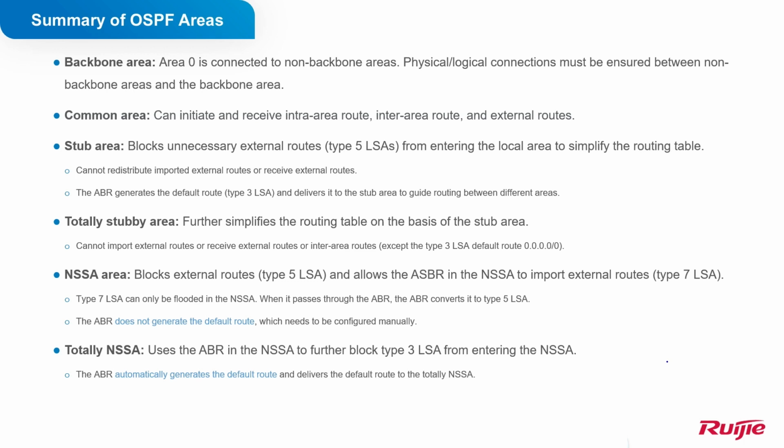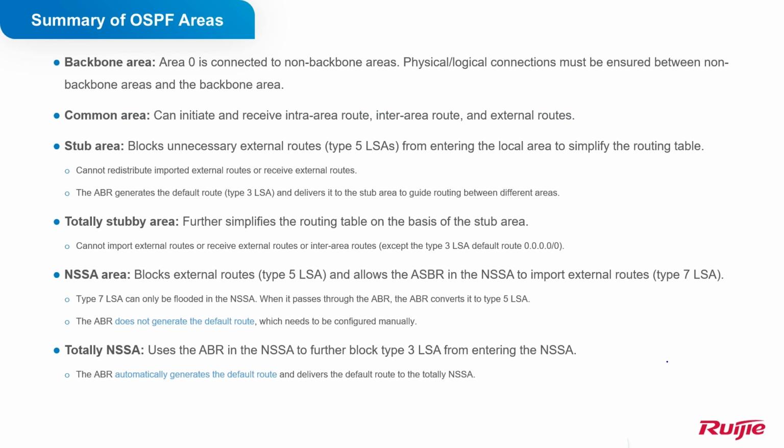And a non-backbone area has to connect directly with the backbone area, right? So if we connect a non-backbone area directly with another non-backbone area, we have to create a virtual link to solve this problem, right? So for the common area, we can receive intra-area routes, inter-area routes, and external routes.